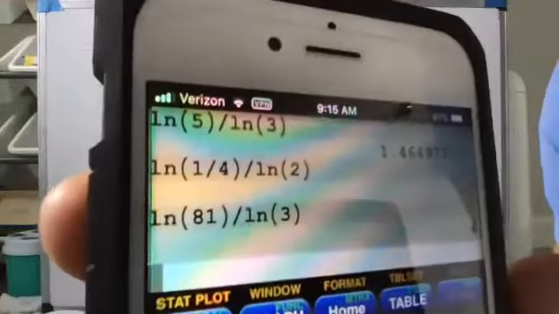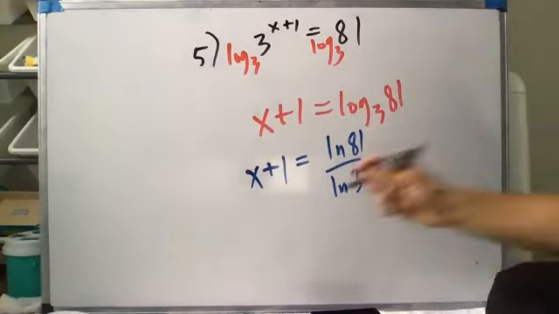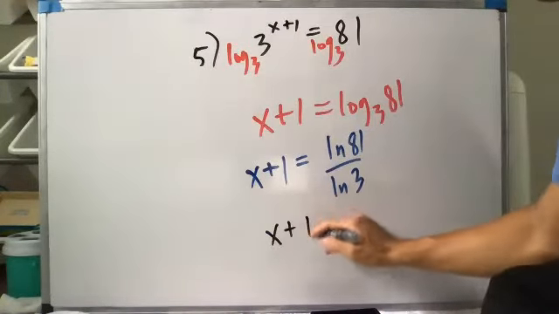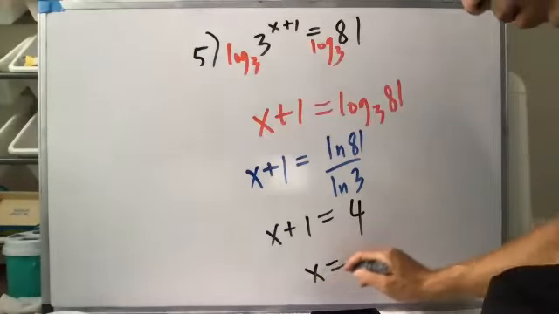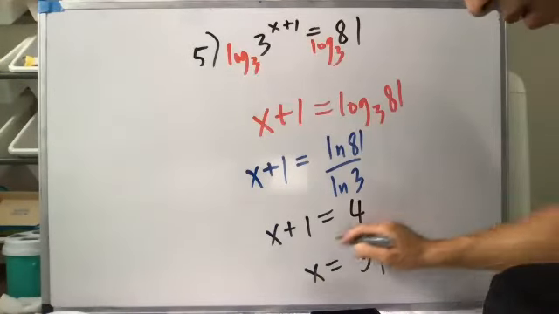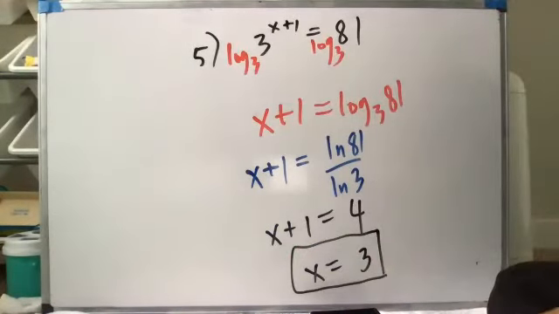Okay, so here it is. Natural log of 81 divided by natural log of 3 is equal to 4. That's the next line. x plus 1 is equal to 4. And I subtract 1 on both sides, and x is equal to 3. So that is it. That's number 5. Take a pause with the recording.